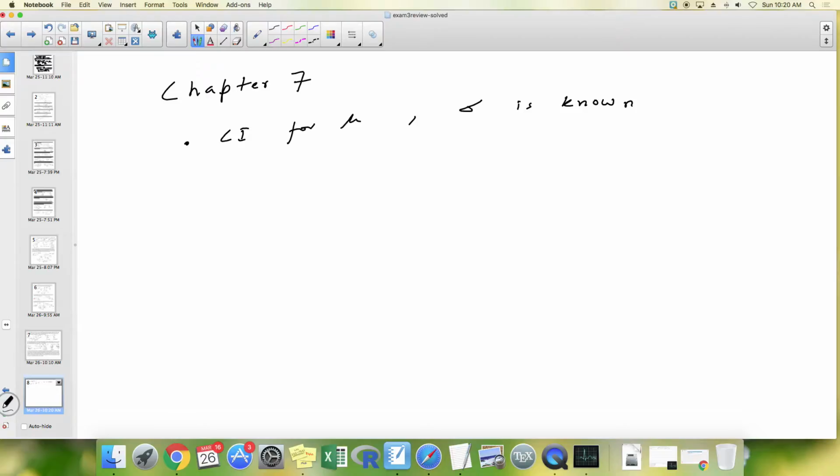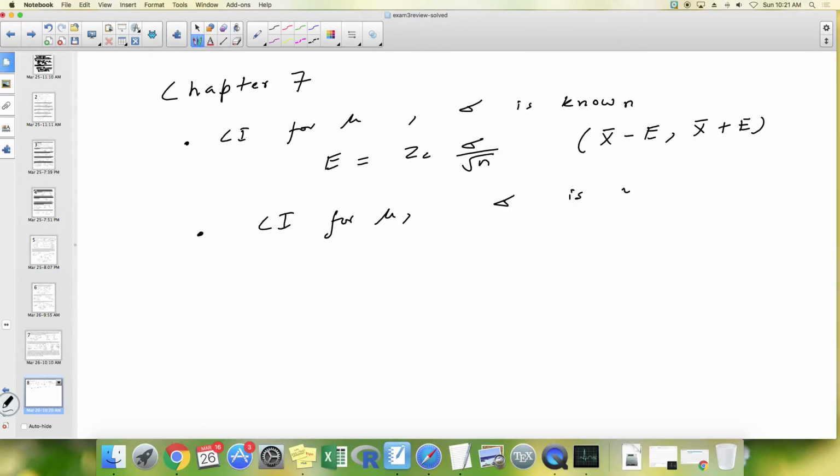That was one case, and there it was E equals ZC times sigma by square root of n, and it's like x bar minus E comma x bar plus E. The second was again confidence interval for mu where sigma is unknown. And here E equals TC times sigma by square root of n, and it's like x bar minus E comma x bar plus E.